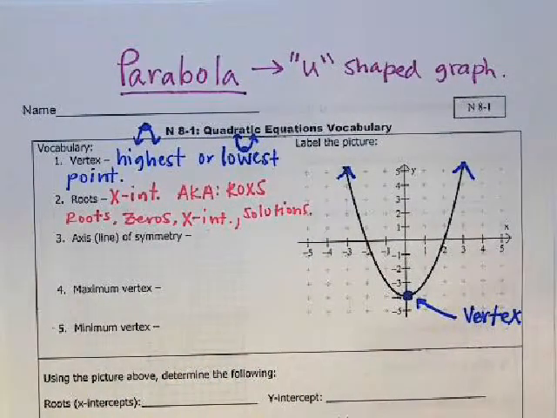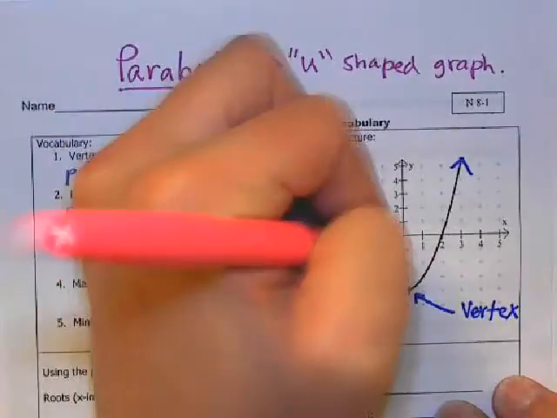And what do they all mean? X-intercept. So today it could say, what are your roots? Well, that just means what are your x-intercepts. It could say, what are your zeros? Zeros mean x-intercepts. It could say, what are your solutions? What do those mean? X-intercepts. And they all are found in the exact same place.